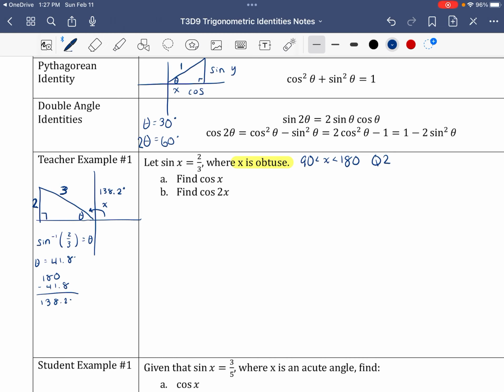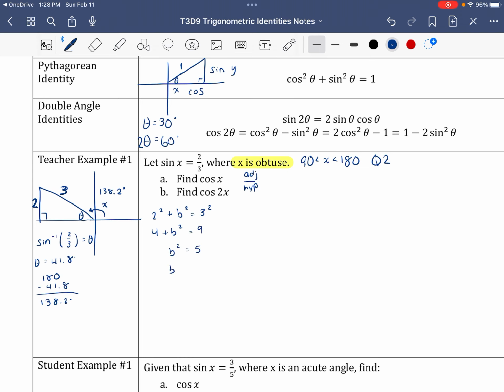Okay, so let's start with find cosine of x. So if we know that sine of x is 2 over 3, and we know that cosine is going to be adjacent over hypotenuse, there's essentially two ways to do it, right? And they come from the same method. We can use the Pythagorean theorem, right? And then we can do 2 squared plus b squared equals 3 squared to get 4 plus b squared equals 9.